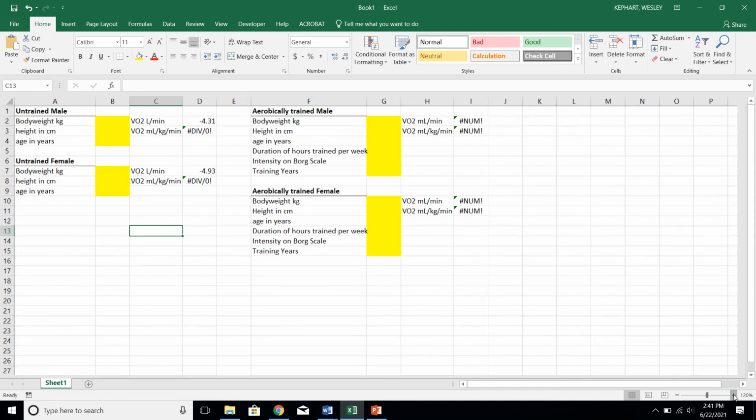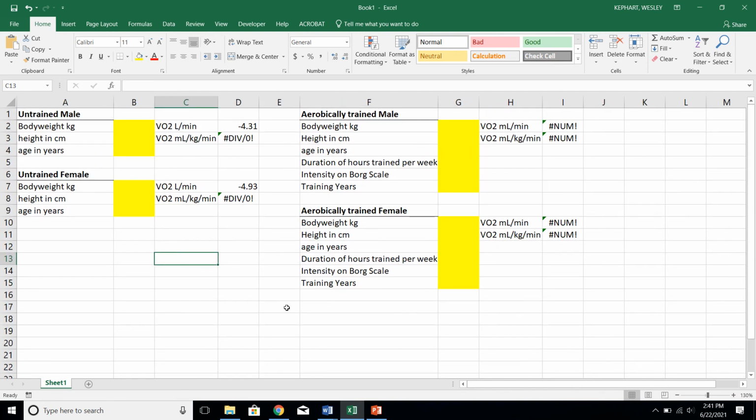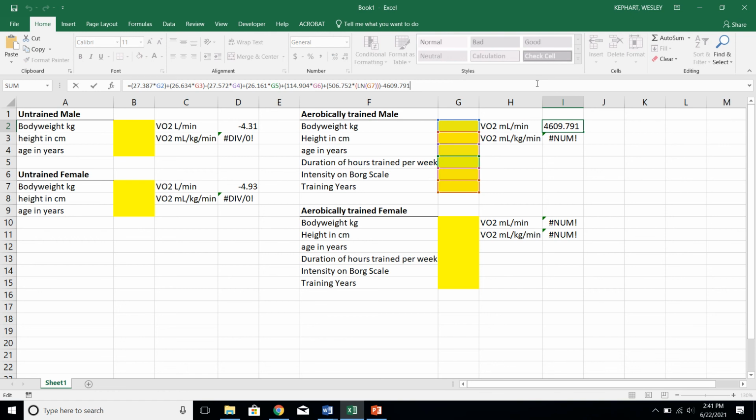So here, let's make this bigger so that everyone can see it. Let's say that I'm an aerobically trained male. If you can see right here, you might need to zoom in just a bit, or pause the video. I put in all of these different parts of the equation. This 27 or so is tied to our kilograms.